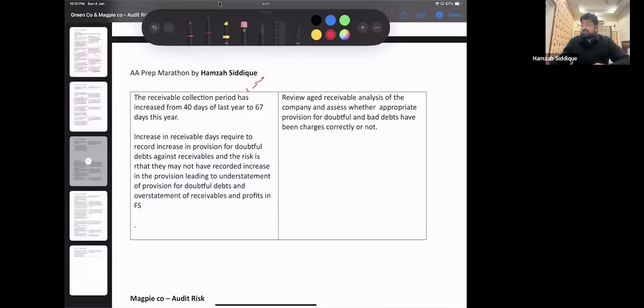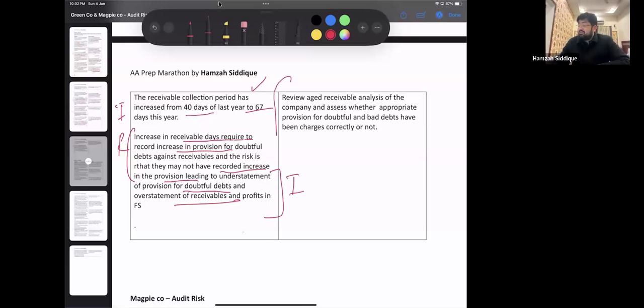So receivable collection period has increased from 40 days to 67 days. An increase in receivable days requires recording an increase in provision for doubtful debts. The risk is that they may not have recorded the increase in provision, leading to understatement of provision for doubtful debts, and overstatement of receivables and profits.